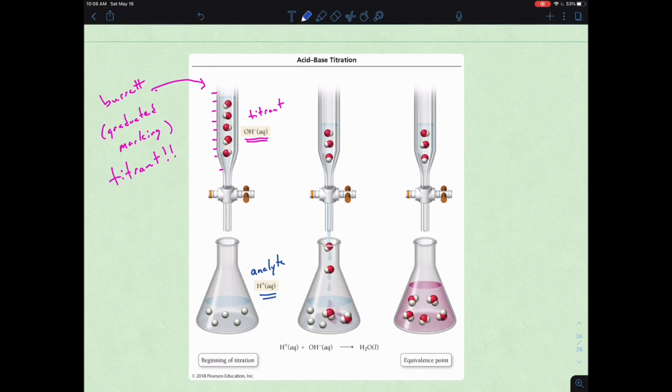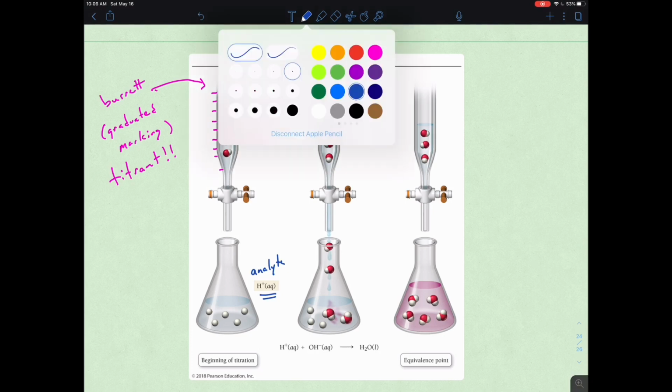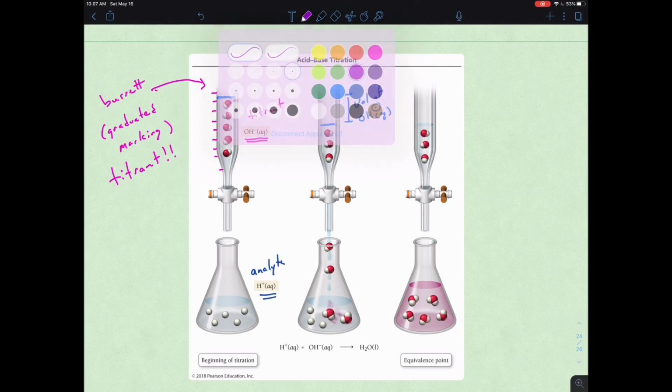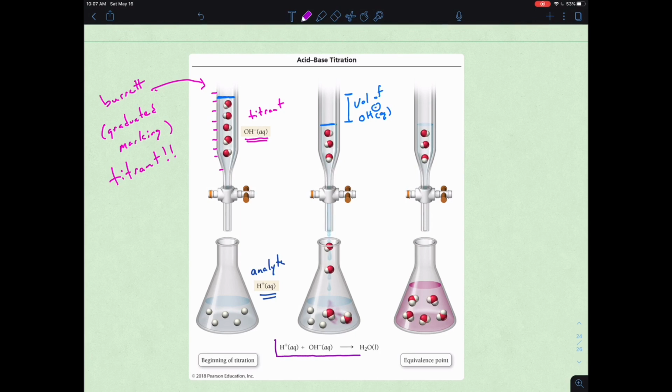What we do is slowly add the titrant. As you can see, if we look at that burette on the left, our liquid amount was at the very top, and now we're down to here. So we've added a volume of this hydroxide. As we're adding this hydroxide, we have a chemical reaction actually occurring. Right here is our neutralization.